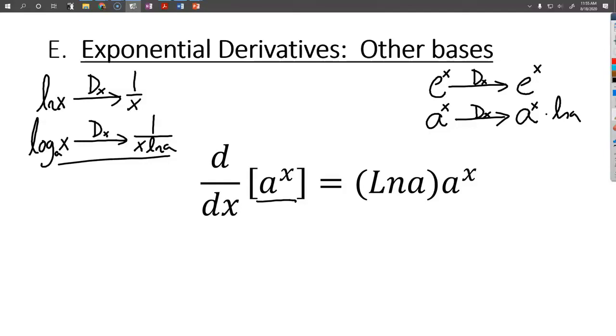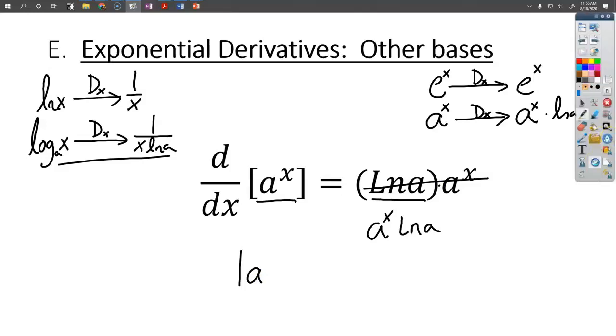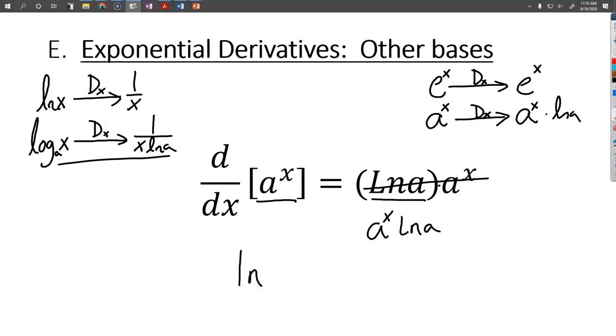For this one, it doesn't really matter so much if you put ln in the front or back. Matter of fact, it's probably better, let's do that. I think it'd be better if we wrote it like this. The reason why it's not good to put a number after the ln is because if you wrote this, for instance, what that means is ln of 2x, which means you're taking the natural log of 2x.